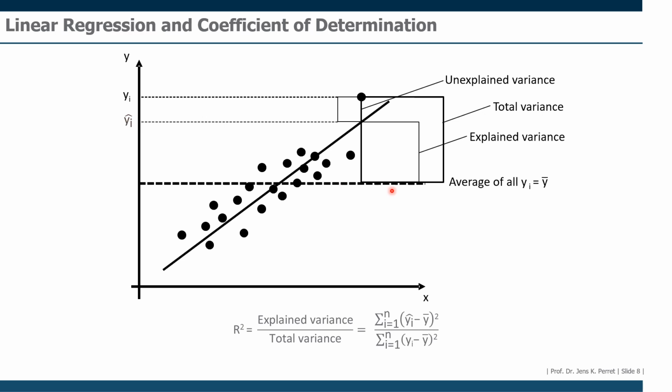We could add some additional notations here, which would make this formula even more understandable, but in general it's the same idea. The coefficient of determination, also called the R squared, is just the explained variance of y divided by its total variance.